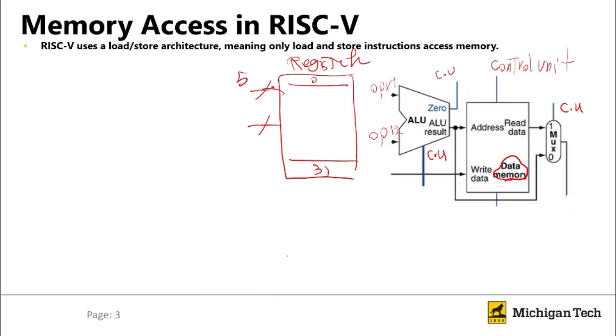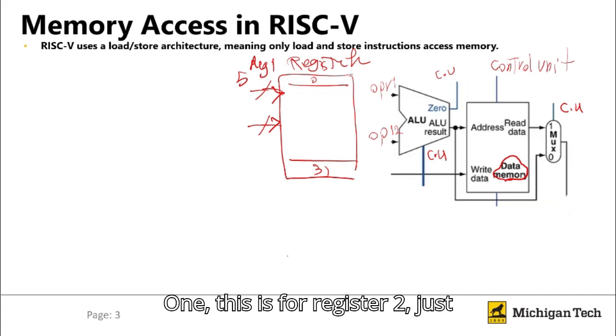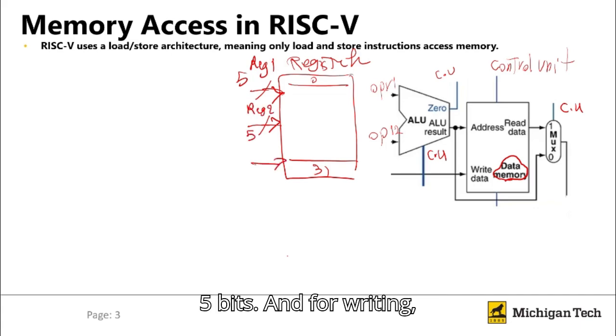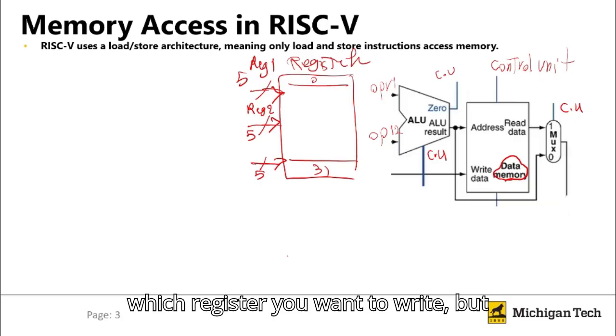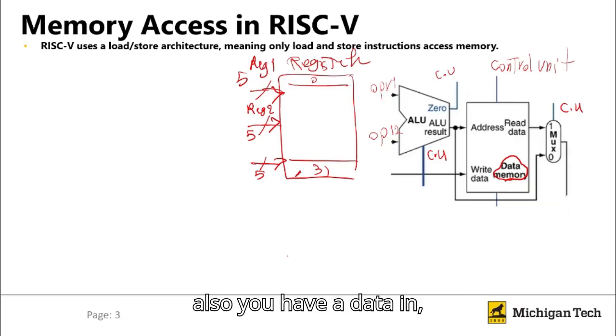This is the input for register 1. This is for register 2, just 5 bits. And for writing, you also have 5 bits to specify which register you want to write, but also you have a data in.